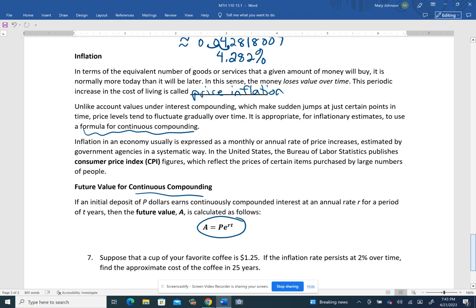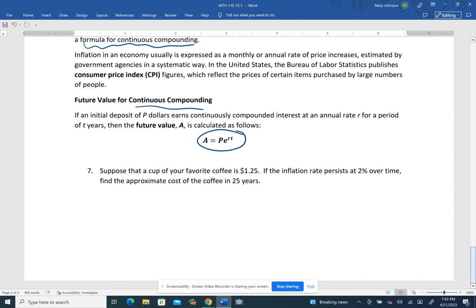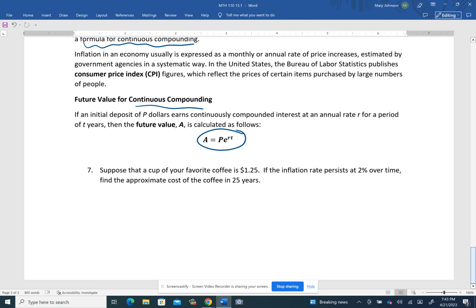So let's take a look at how this formula could be used to figure out how much a cup of coffee that today might cost you $1.25 might cost in 25 years if the inflation rate persists at 2% over time.